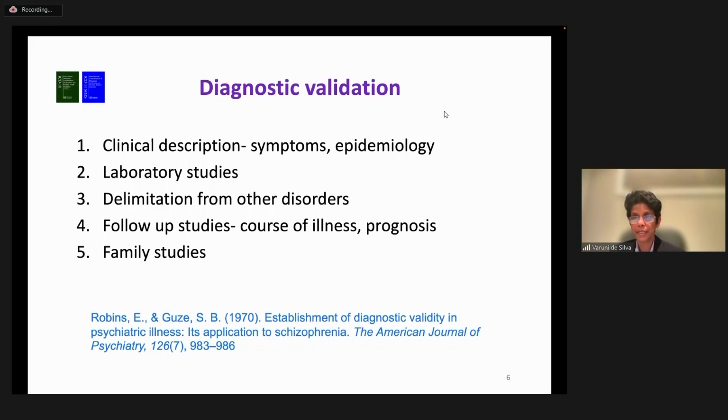So if we say that schizophrenia is an illness, then it can't also be similar to a host of other illnesses. Then the data that we get from follow-up studies, in the course of the illness, the diagnosis has to stay the same, and also the prognosis, and the support from family studies. So the families have to have clusters of the same kind of illness if it is genetically transmitted.